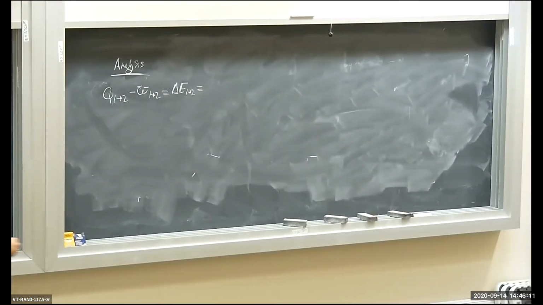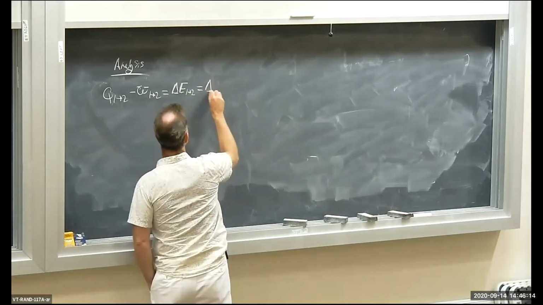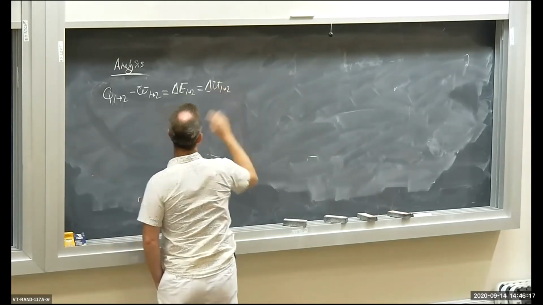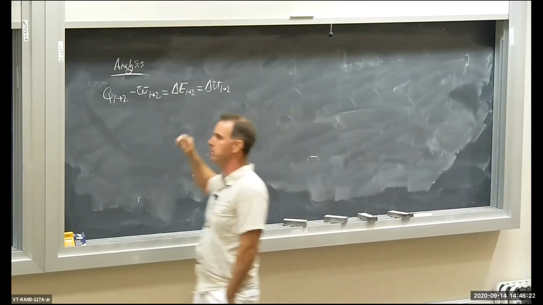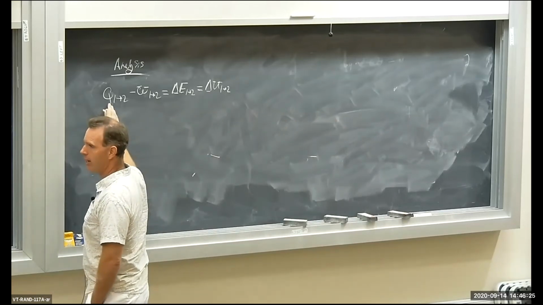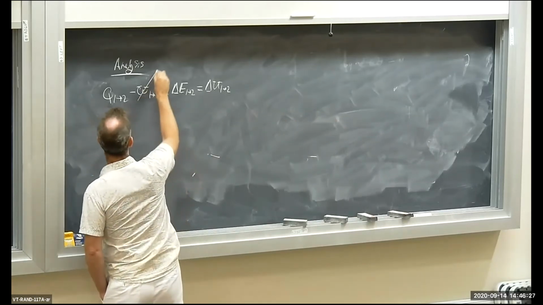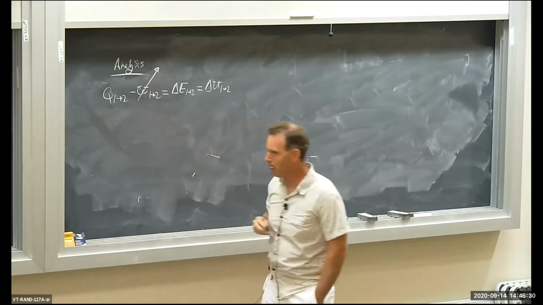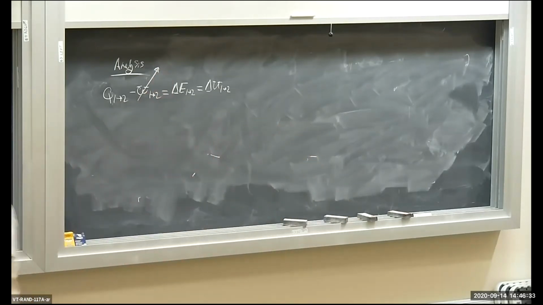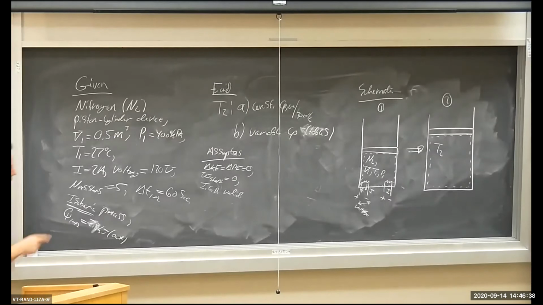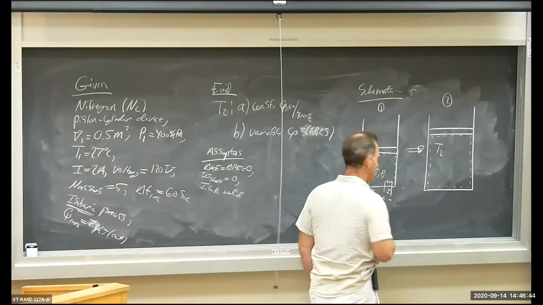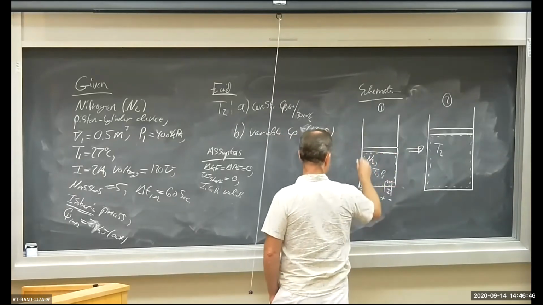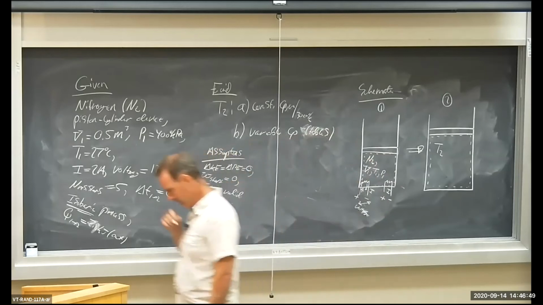So delta E1 to 2 is equal to delta U1 to 2, okay? No changes in kinetic and potential energy, so total energy becomes internal energy. I have some heat transfer. What is the work? What's the work term that's going on here? Well, I've got some electric wires, so clearly I have some electric work, and I also have some boundary work going on because the system, my nitrogen, so here's my system in the dashed line, the nitrogen is expanding.